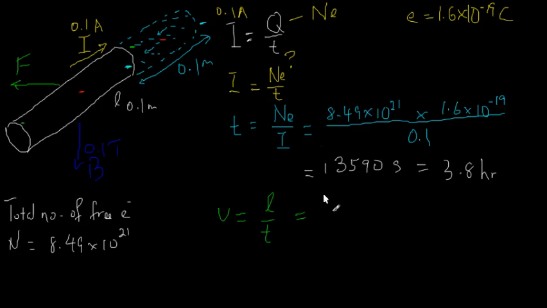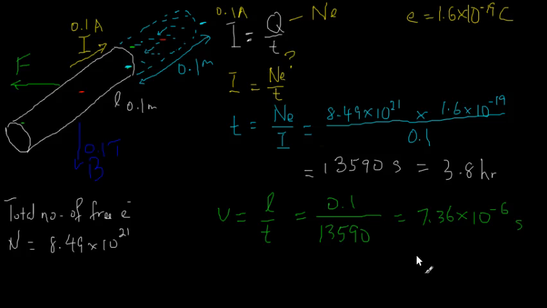L is the 0.1 meter, and T is this time, 1.3590. And using my calculator, I would find 7.36 times 10 to the minus 6 of a second.